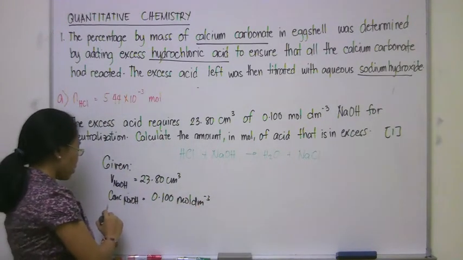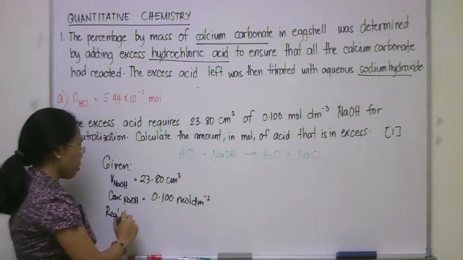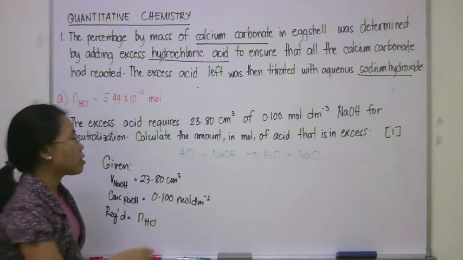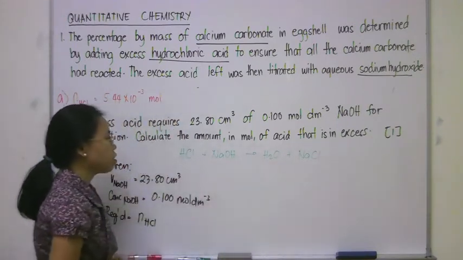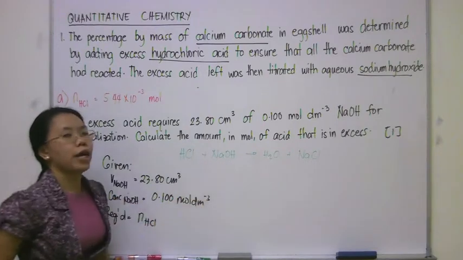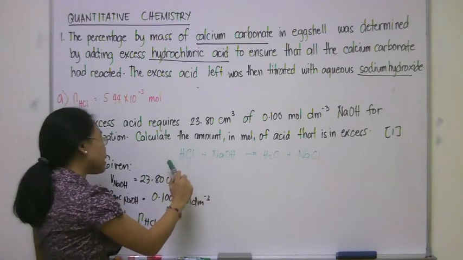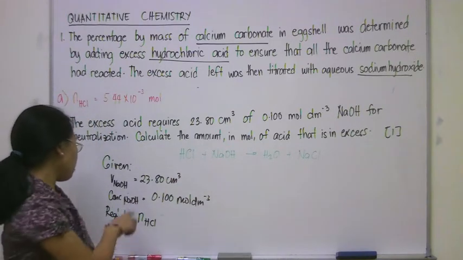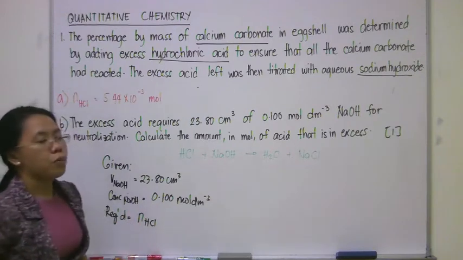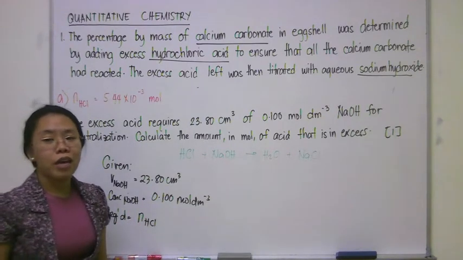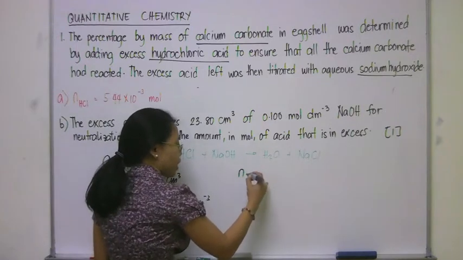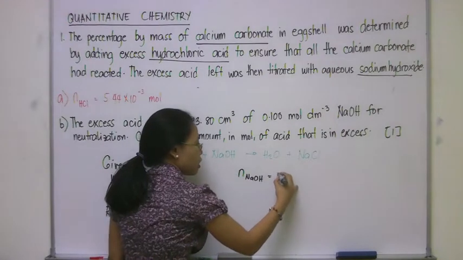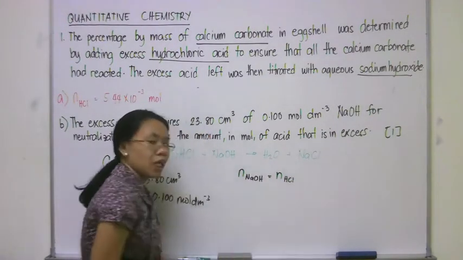And then you were asked to calculate the moles of HCl. Based on the chemical equation, we know that 1 mole of sodium hydroxide is needed to neutralize 1 mole of HCl. So if we calculate the moles of sodium hydroxide, we are able to find the moles of HCl. We can say that moles of NaOH is equal to moles of HCl.